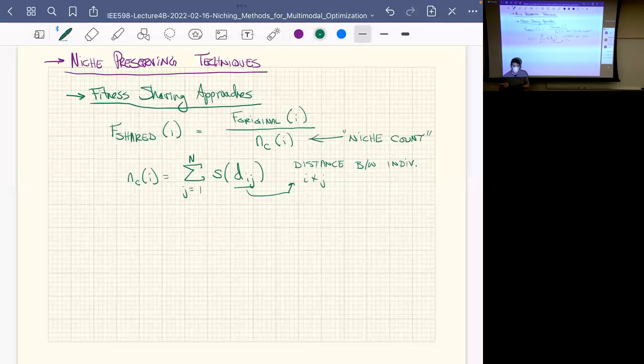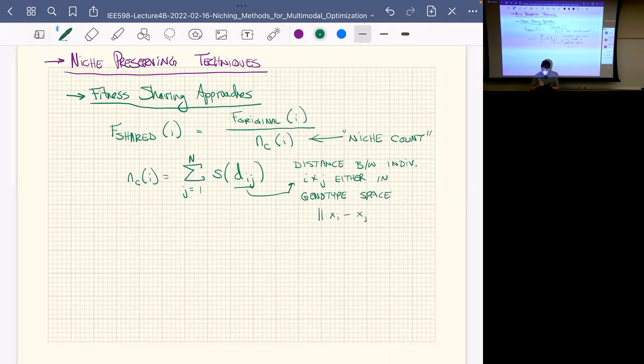We can calculate this distance either in the genotype space, in which case we might, for example, use the Euclidean distance x_i minus x_j, or we can calculate it in niche space or criteria space.